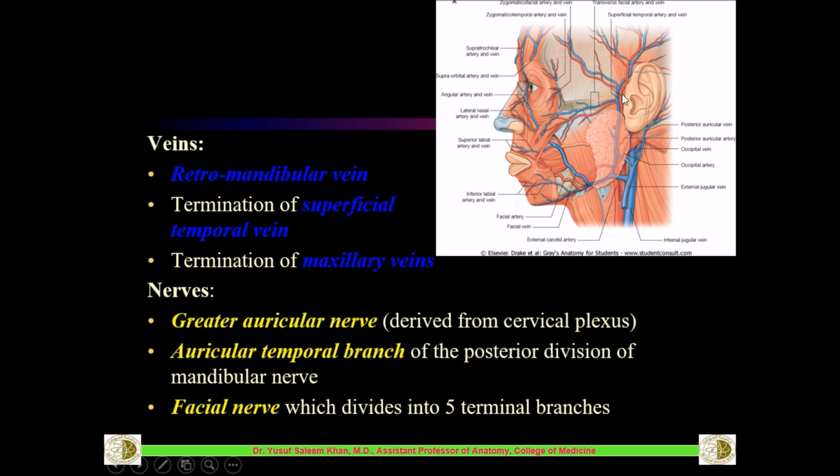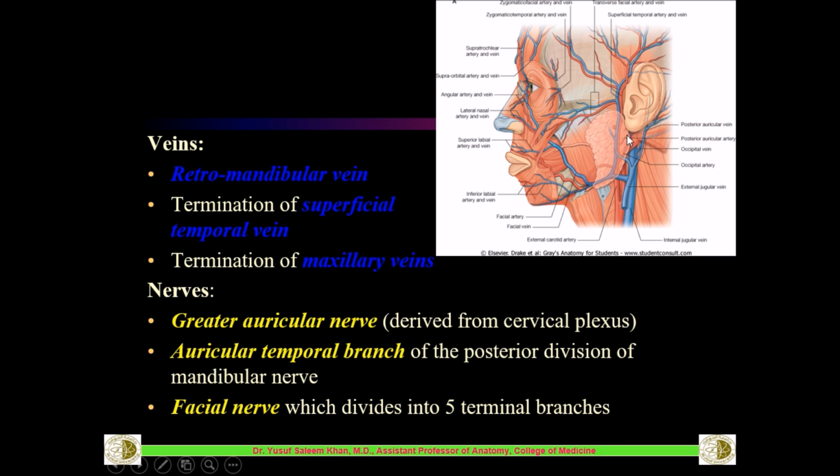Along with the superficial temporal artery, there is the superficial temporal vein, which drains the skull. Then the maxillary vein. So here is the termination of the maxillary vein and the superficial temporal vein, and here you can see the retromandibular vein. All these veins drain and pass through this parotid gland.